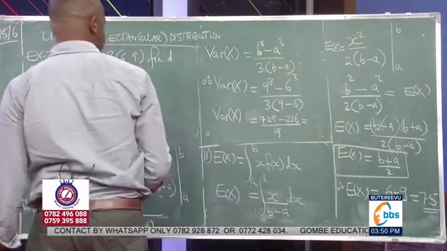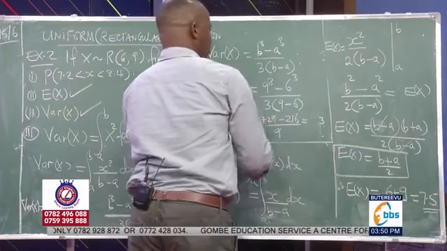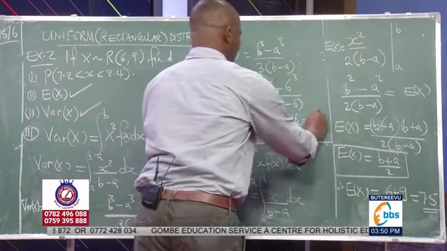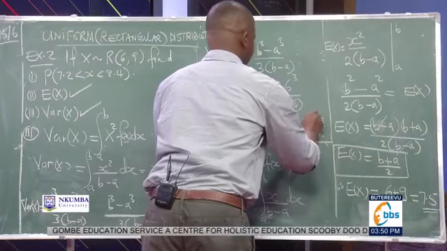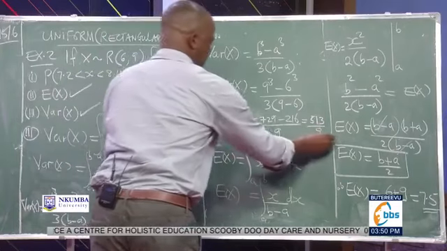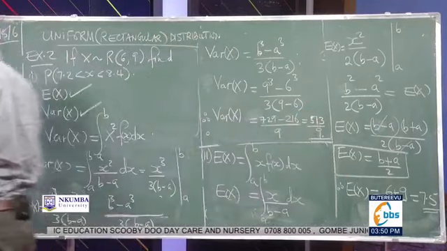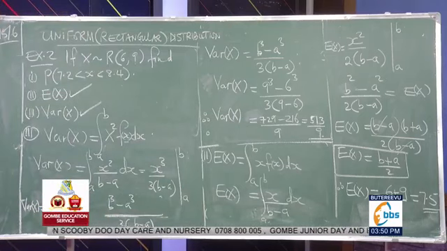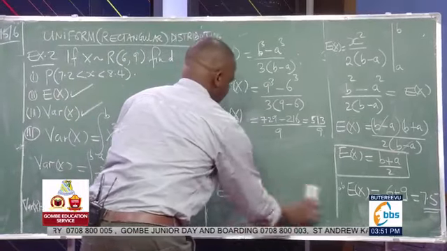When you simplify that, you'll get 513. So we can conclude and say that our variance will be 513 out of 9, which you can simplify.